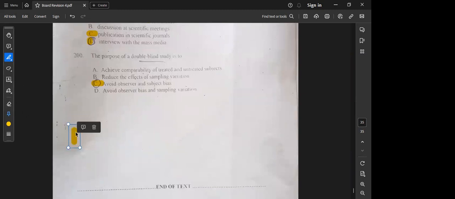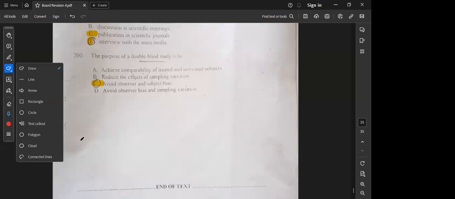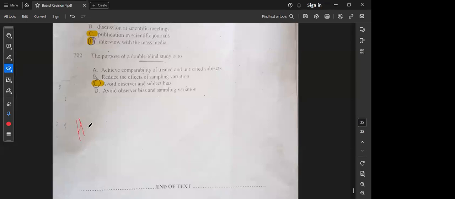So because of that, neither of them is going to be biased because neither of them knows, preventing the patients from getting the placebo effects. Okay, there we go. So are we done? End of text.